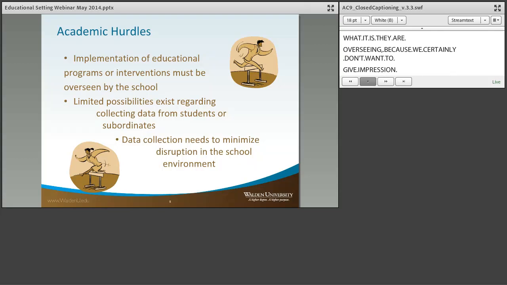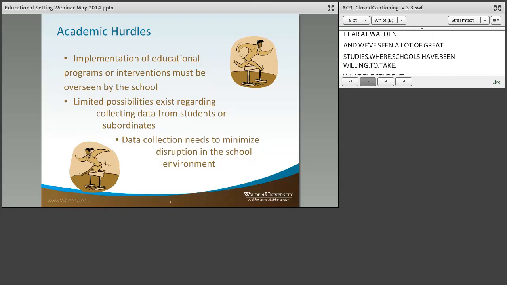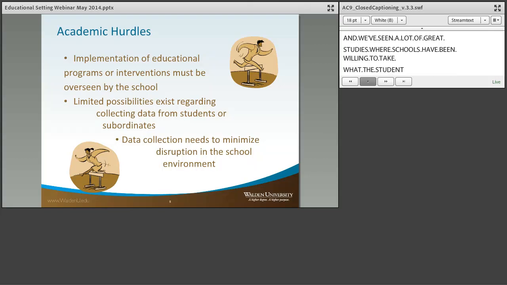And again, it's very exciting when we can have schools that benefit from what the students are learning here at Walden. We've seen a lot of great studies where schools have been willing to take what the student is learning and apply it, and then give that student that additional opportunity.